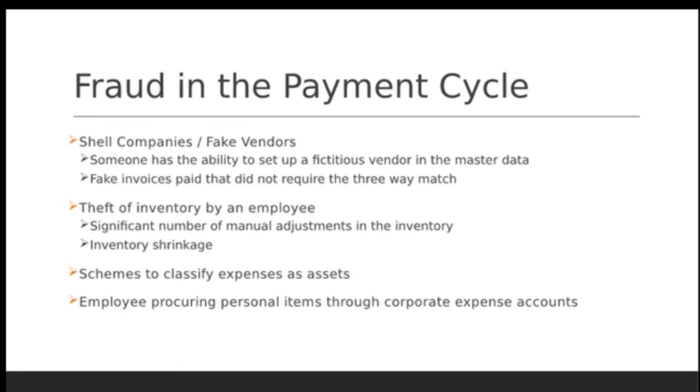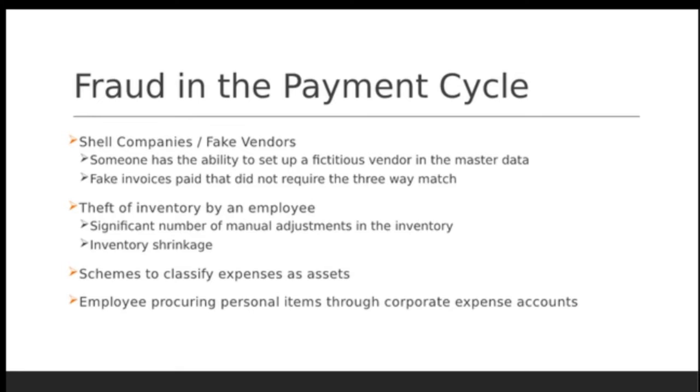So there could be theft of inventory by an employee, like we said before. If you see a significant number of manual adjustments in the inventory or excessive inventory shrinkage, then it's likely that you've got some sort of theft of inventory going on.